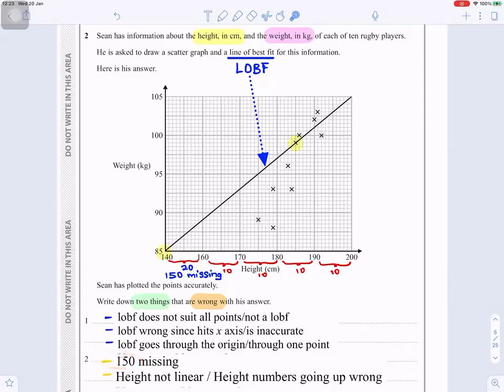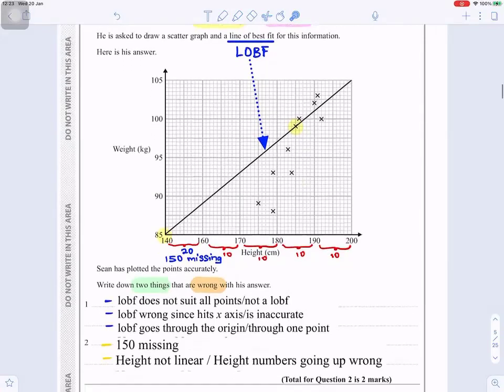150 is missing. It goes 140, 160, 170. If you see, the difference should be 10, 10, 10, 10. So 150 is missing. Or you can say the height scale is not linear.